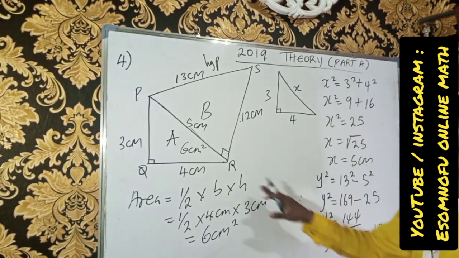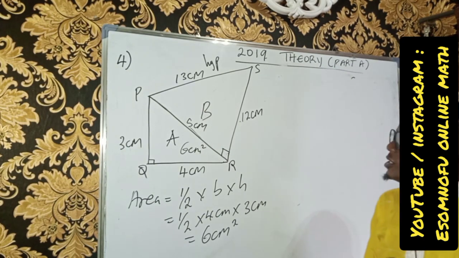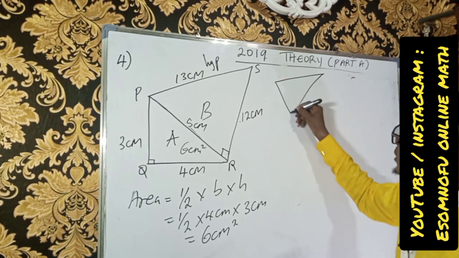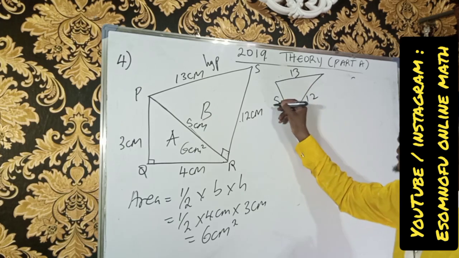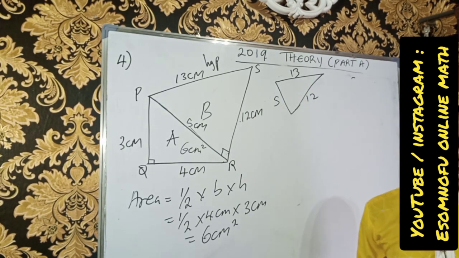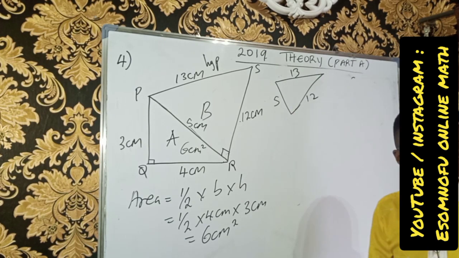I'll clean off here so that I can get the area of B. So to get the area of this triangle, look at the triangle here. We have here as 12, here as 13, and here is 5. We don't know the height, so half base times height cannot help us. And there is no angle given. Getting the angle will waste a lot of time.